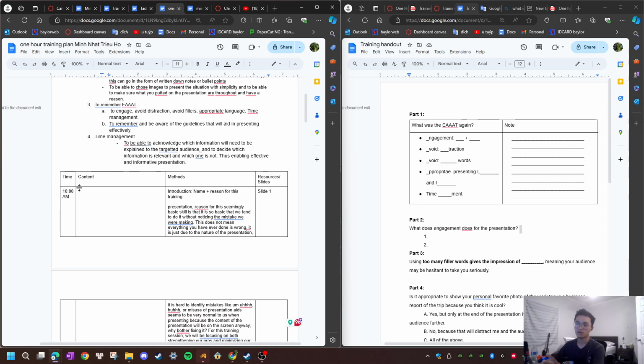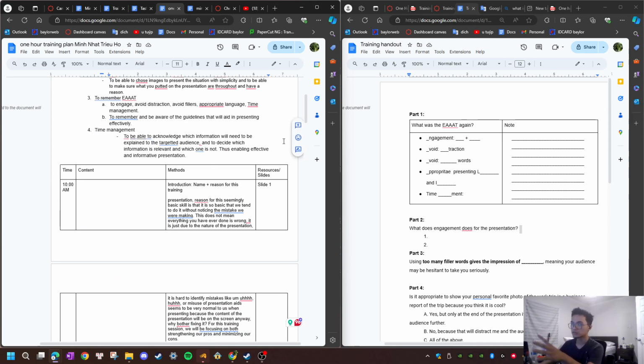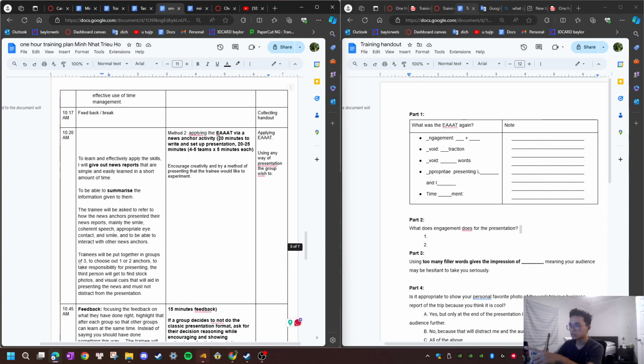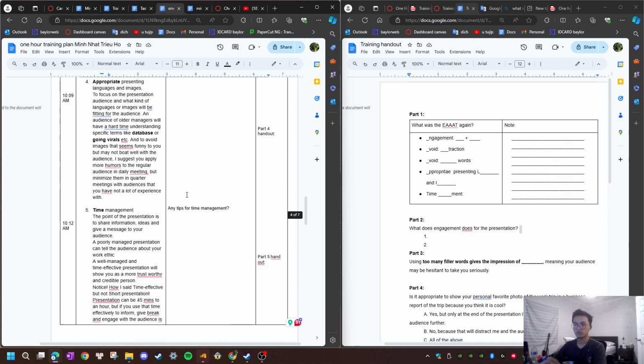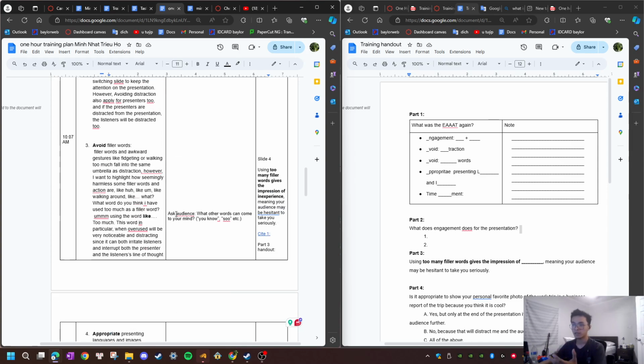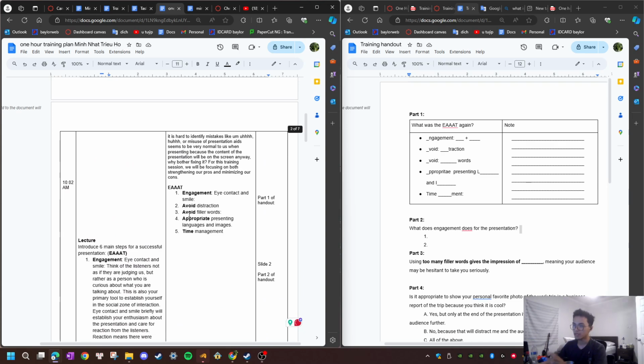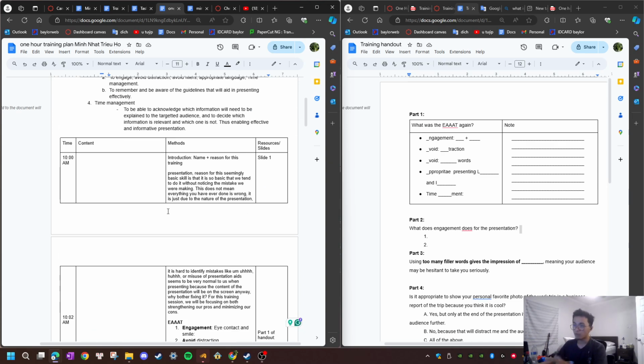The format here is laid out to be 4 to 5 teams of 3 persons, which is around 12 to 15 people in the training sessions, which will later be divided into groups of 3.